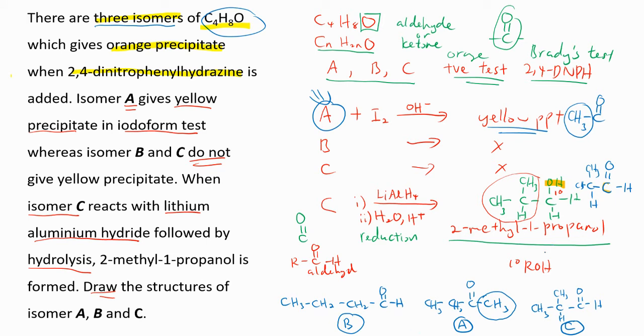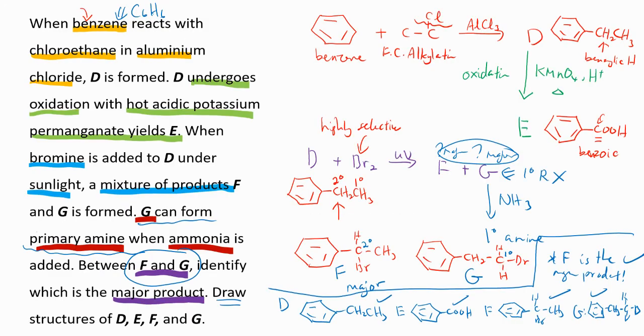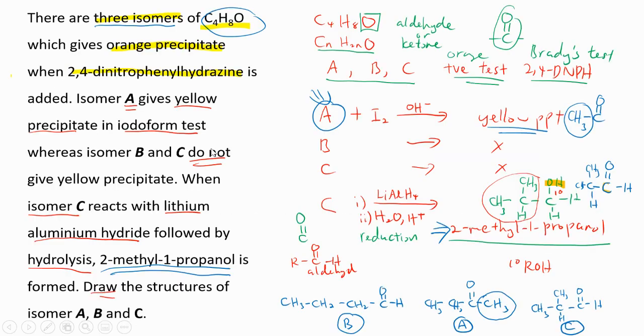Just now, where did we start to solve the problem? We started from 2-methyl-1-propanol. That's why I say this one we start from the final, whereas the earlier question, we started from the beginning. Remember the question asked to draw the structure, so you can see I redraw all the structures.